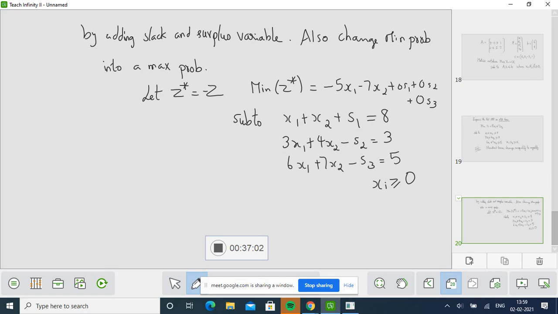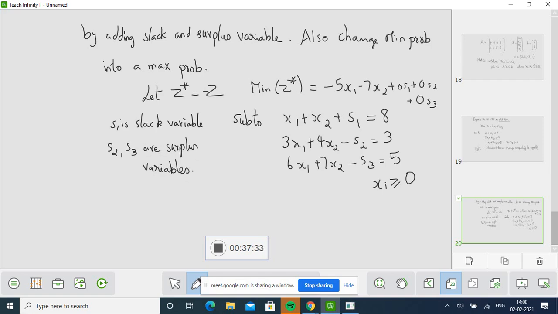Then s1 is a slack variable, and s2, s3 are surplus variables. What you subtract is surplus. And this is the required standard form.